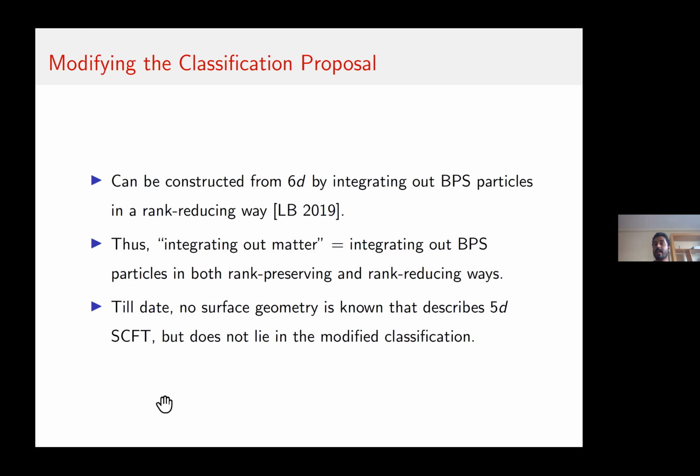So this suggests that our naive assumption that we should only allow rank preserving integrating out processes is not correct. We should allow both rank preserving and rank reducing integrating out processes, and this substantially complicates the integrating out procedure starting from the 6D theories.